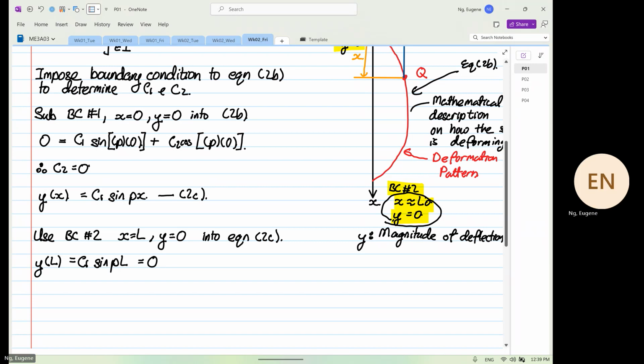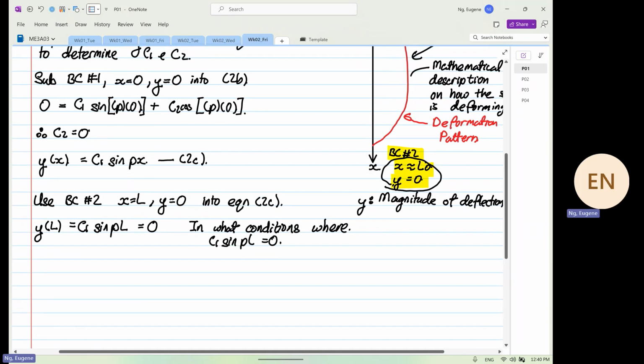Okay. So if this equation has to be equal to 0, we have to ask ourselves in what condition or conditions C1 sine pL will be equal to 0. Okay, so in what condition will this happen?